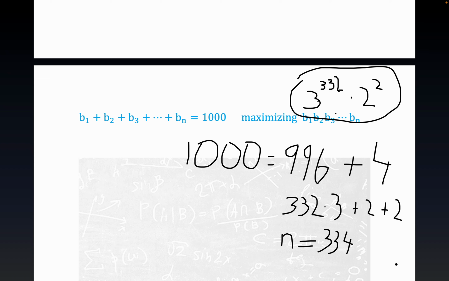And again, just since I have your captive attention here, you might be tempted to say, well, why not just do 3 raised to the 333, right? But notice your other summand would just be 1. Okay, that's if we did 3 raised to the 333.